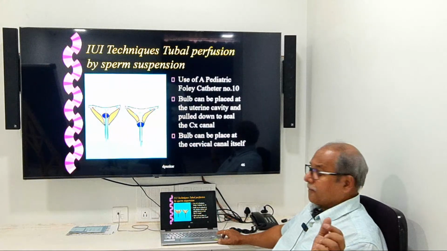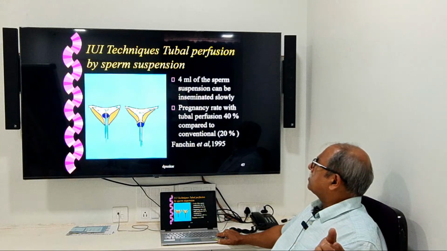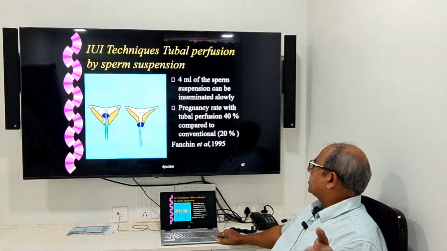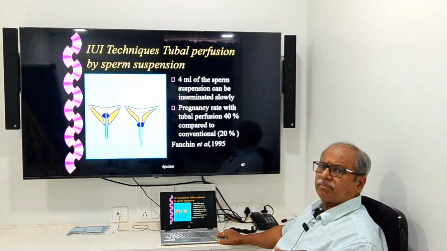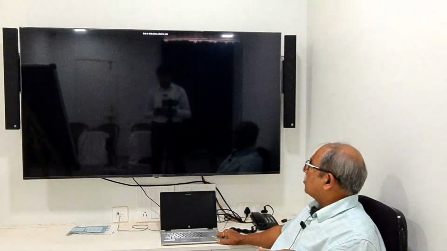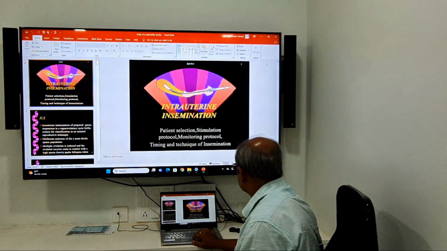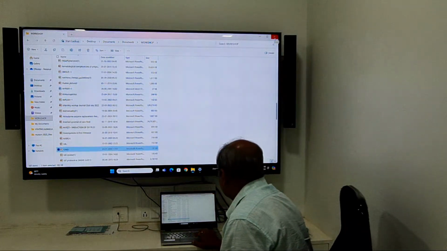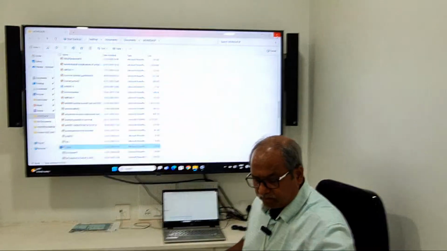That will create pain, and there should not be any pain. 4 ml of sperm suspension can be used, and this is a method of tubal perfusion by a simple Foley's catheter. Now, the main thing I feel is how to prepare this sperm sample.